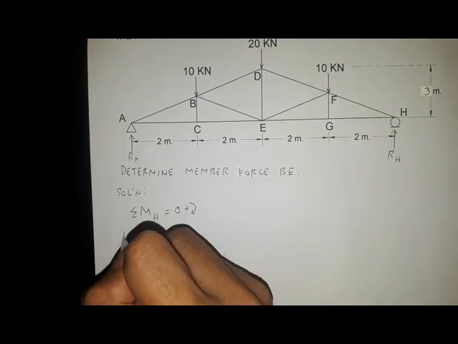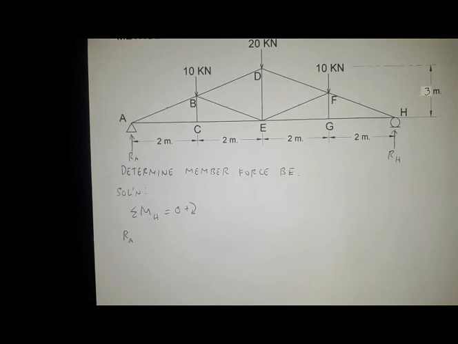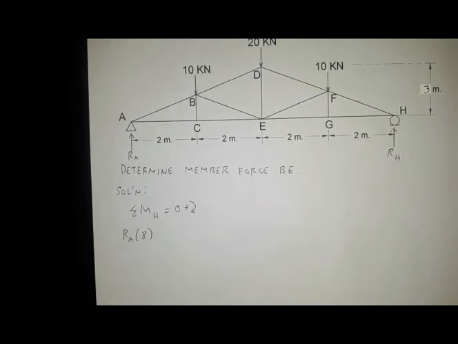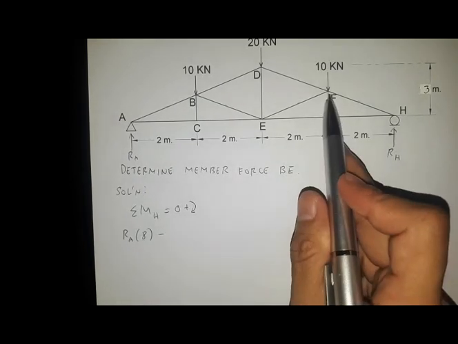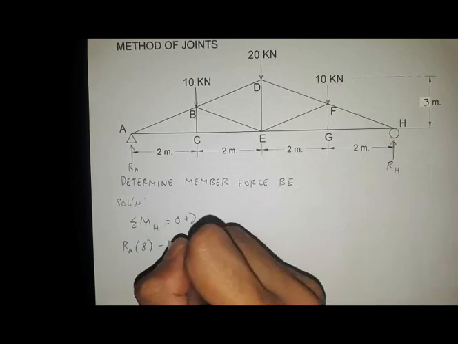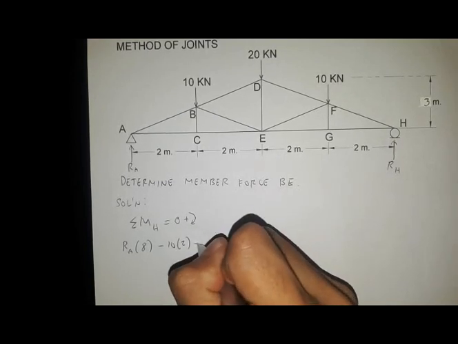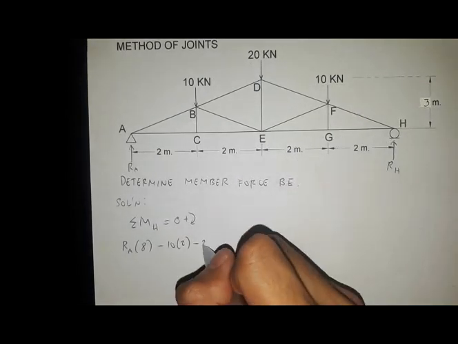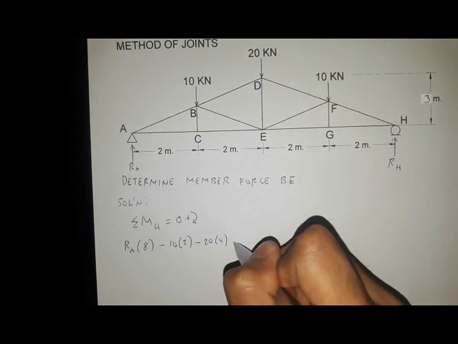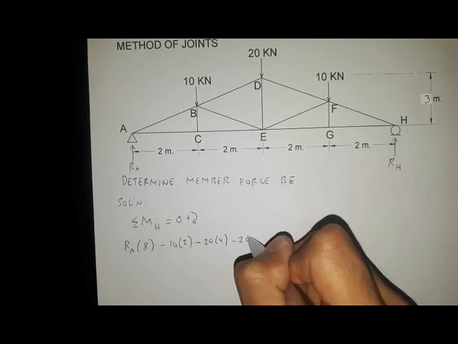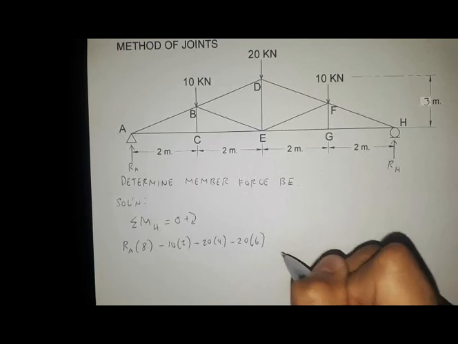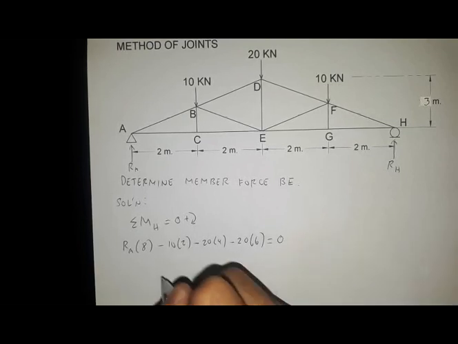So we have RA times 8 minus 10 times 2 minus 20 times 4 minus 20 times 6 equals 0.